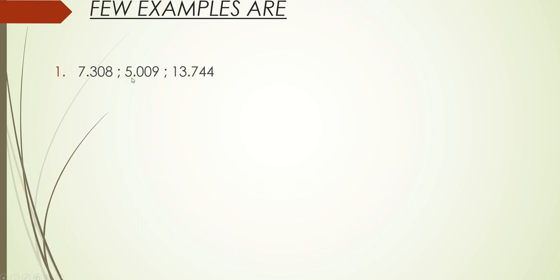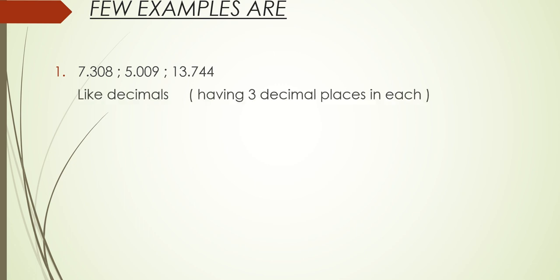In the next one, 5.009, I have 3 decimal places. And in the next one, 13.744, again I have 3 decimal places. So which kind of decimals do we have? Like or unlike? Yes, we have like decimals, having 3 decimal places in each.